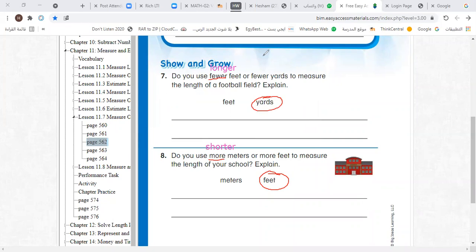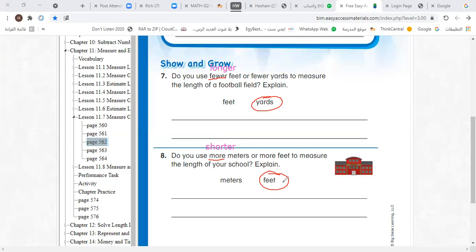Okay, the main idea is to understand that the longer equals fewer, and the shorter equals more. When you compare, look at the choices here, meters and feet.